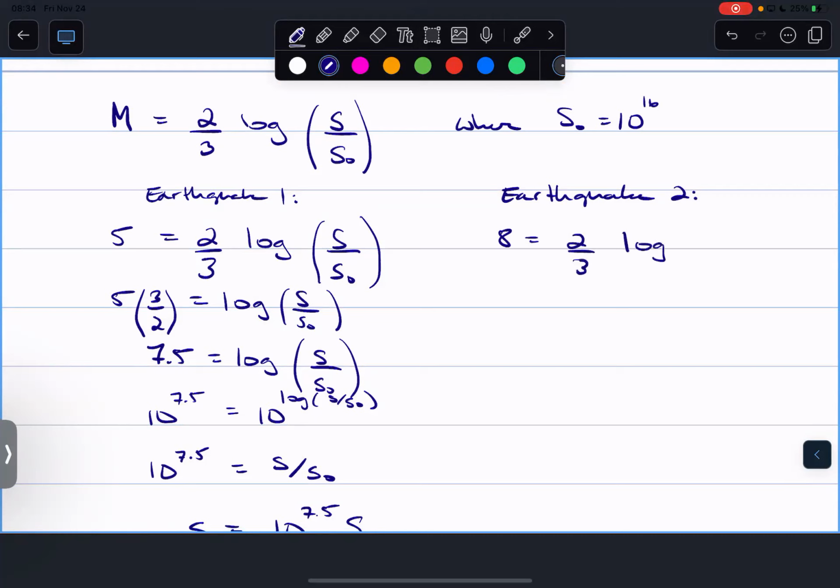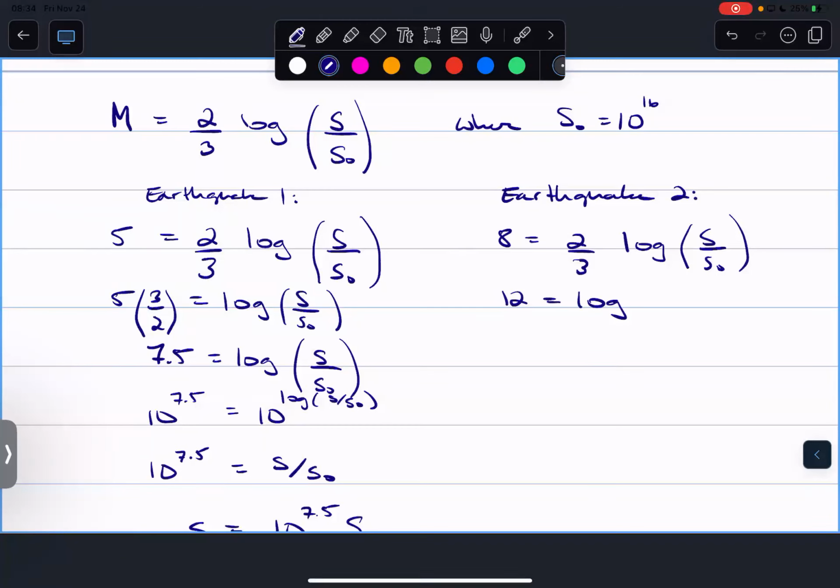Same thing. 2 over 3 times the log of S over S0. 8 times 3 divided by 2 is 12.